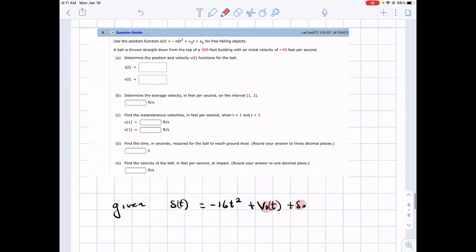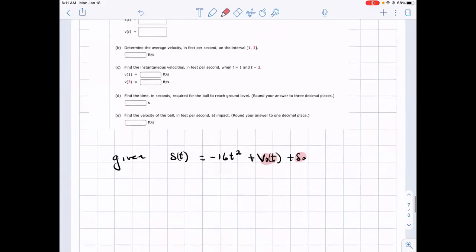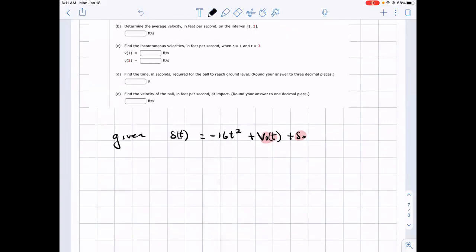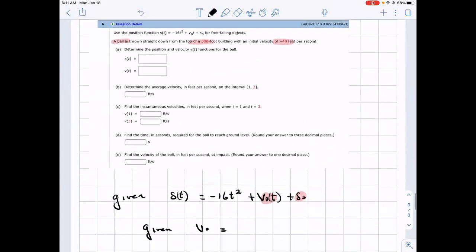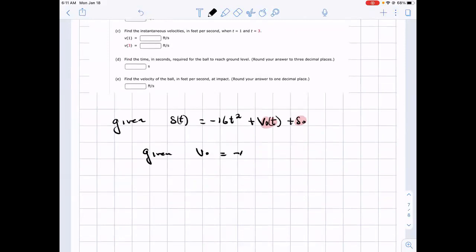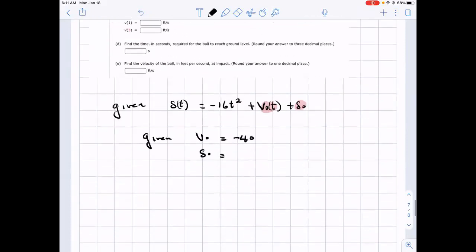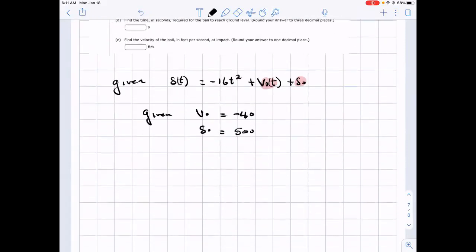So the ball is thrown straight down from the top of a building that's 500 feet high at an initial velocity of minus 40. So for this problem, V0 is given to you as minus 40. S0 is given to you as a 500 feet high building. That's where you are.